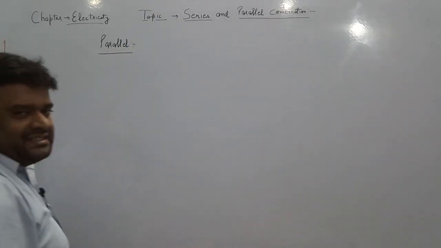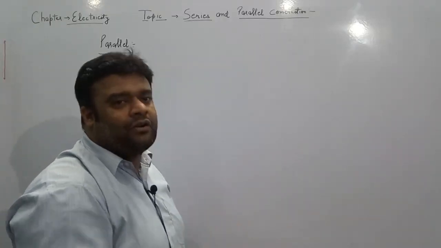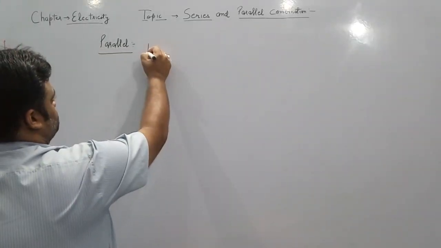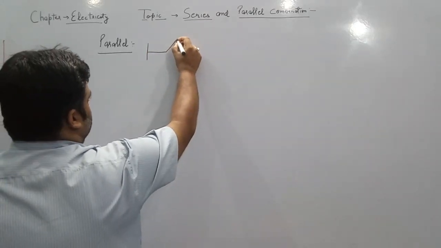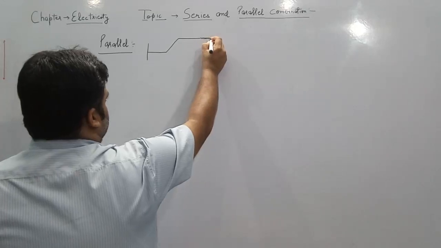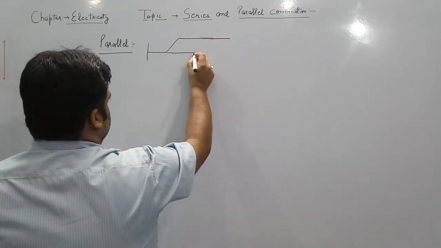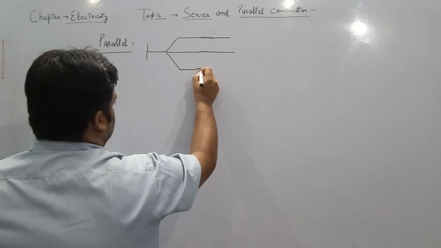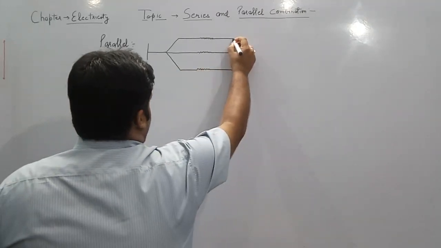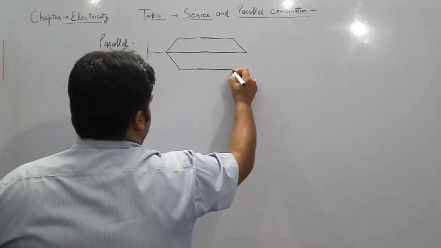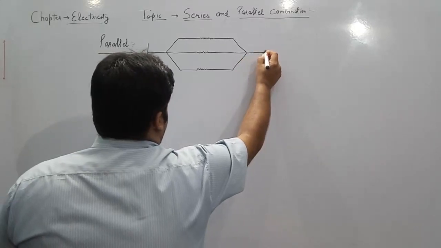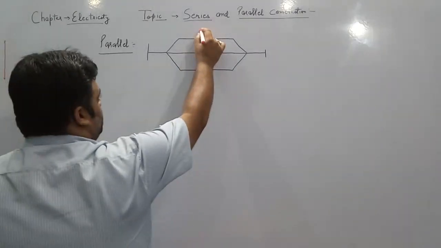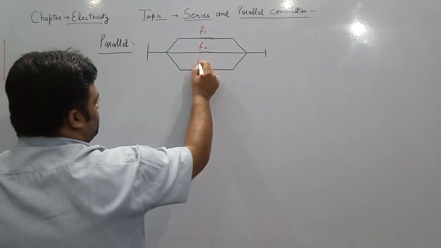If we take three resistances R1, R2 and R3 in parallel combination, that is in a line parallel to each other, that is R1, R2 and R3.